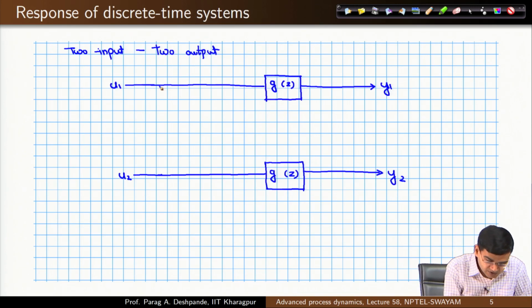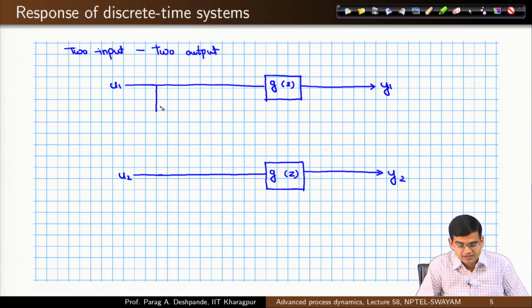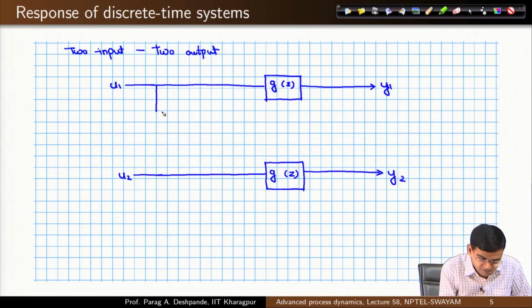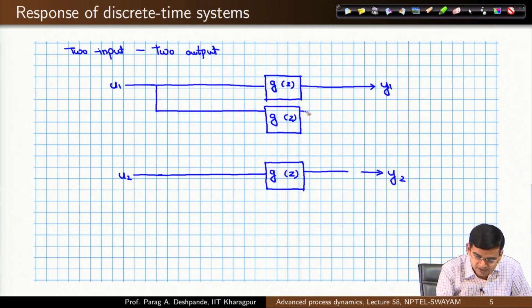So, therefore, what I need to do is this: I will have the way u 1 acts via some transfer function G such that the combination of the effect from the block down and the block up will give you the overall effect.